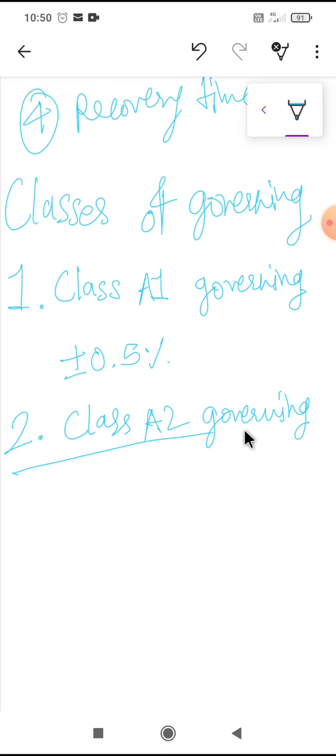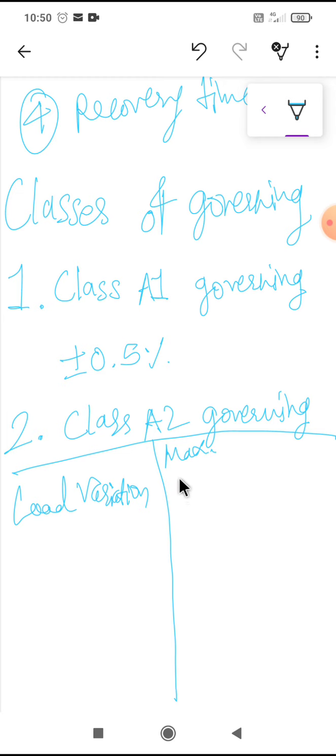Suppose we draw a table: load variation at rated speed, maximum changes as a percentage of rated speed, and maximum recovery time.